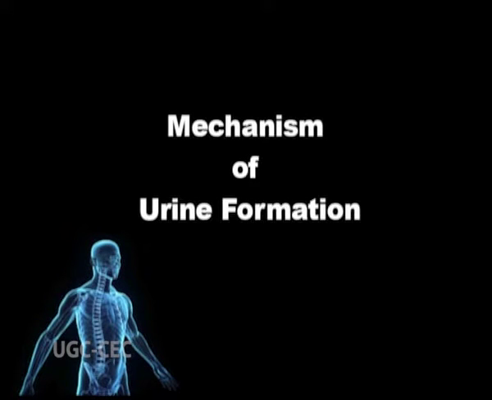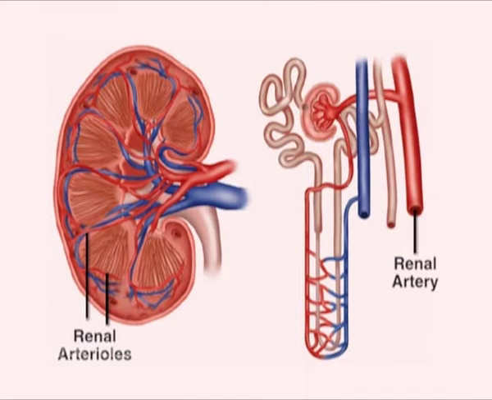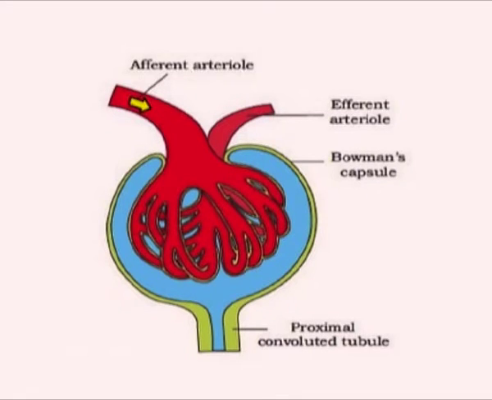Now, let us discuss the mechanism of urine formation. The renal artery branches repeatedly after entering each kidney, forming smaller and still smaller arterioles. An afferent arteriole delivers blood to the glomerular capillaries for filtration, while efferent arterioles drain filtered blood away from the same glomerulus.